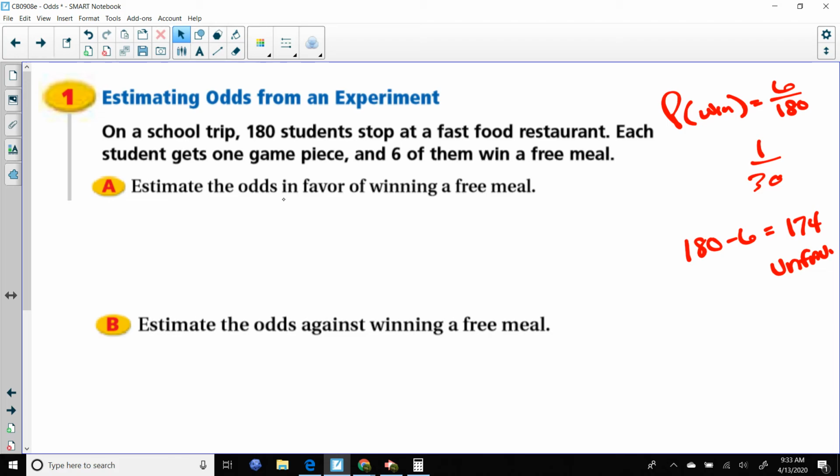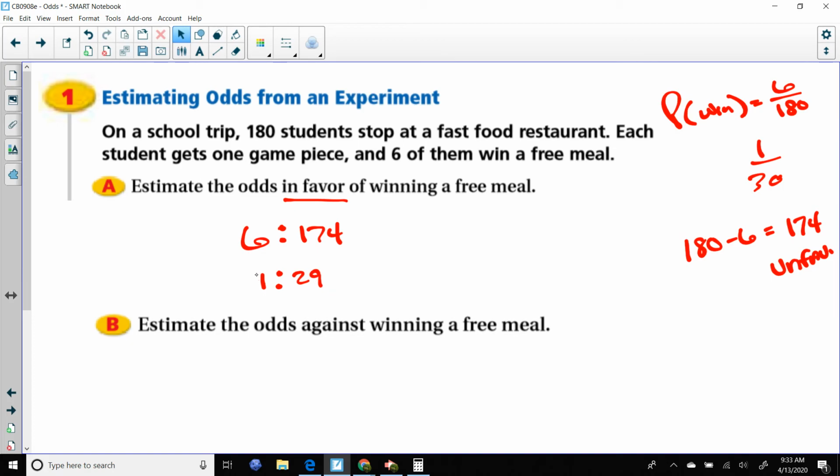All right. So odds in favor would be 6 in favor and 174 not in favor. It just so happens that this reduces, and we do need to reduce that. 6 goes into 174 if you divide them. I already know because I'm smart. But 174 divided by 6 is going to be 29. Maybe you knew that too. Great.